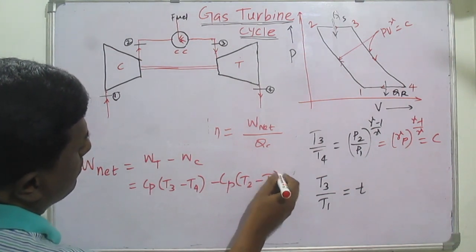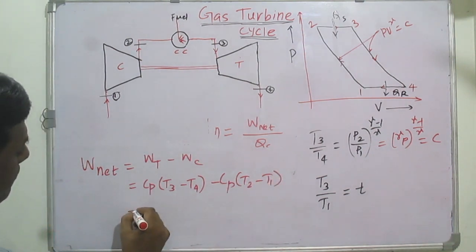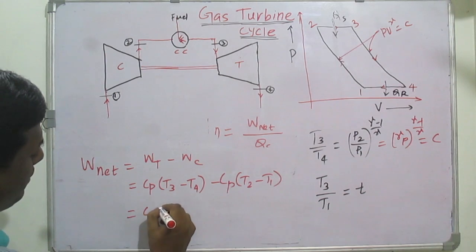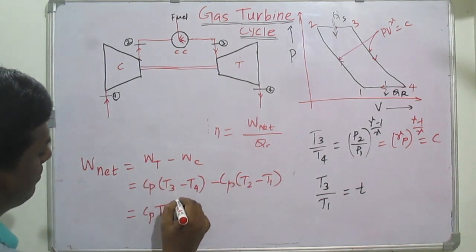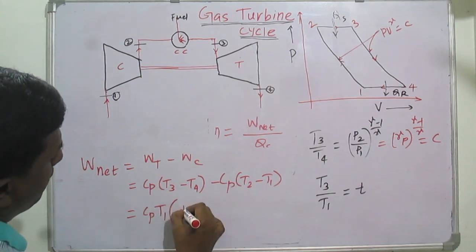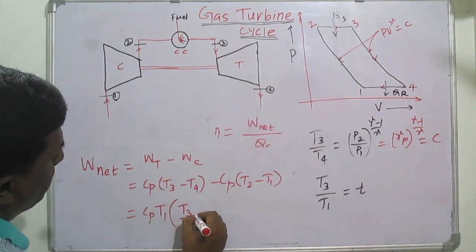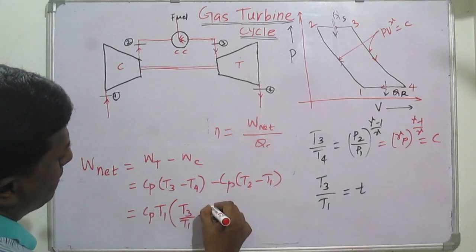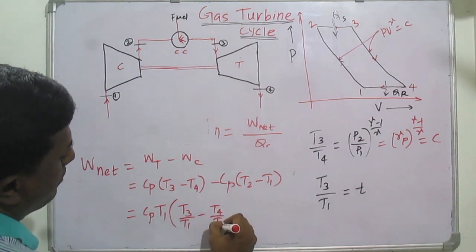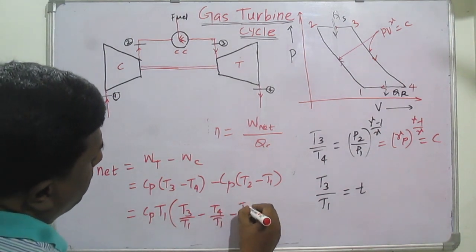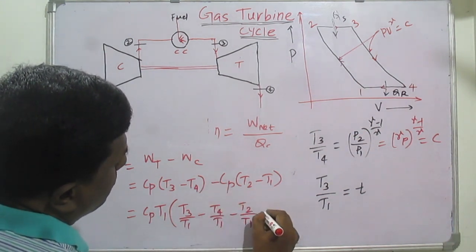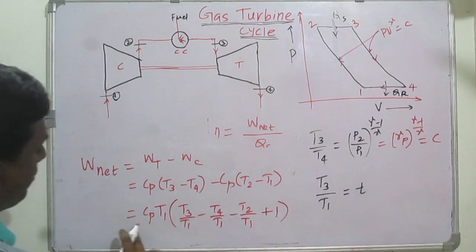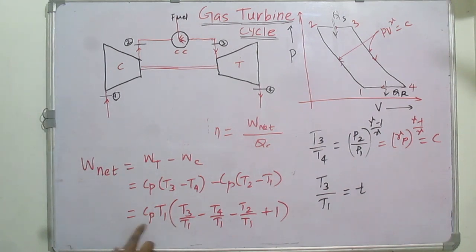We are going to simplify this by taking Cp into T1 outside the whole expression. So we write T3 by T1 minus T4 by T1, minus T2 by T1 minus 1, and minus into minus becomes plus. Now we got this expression, which we need to simplify further.